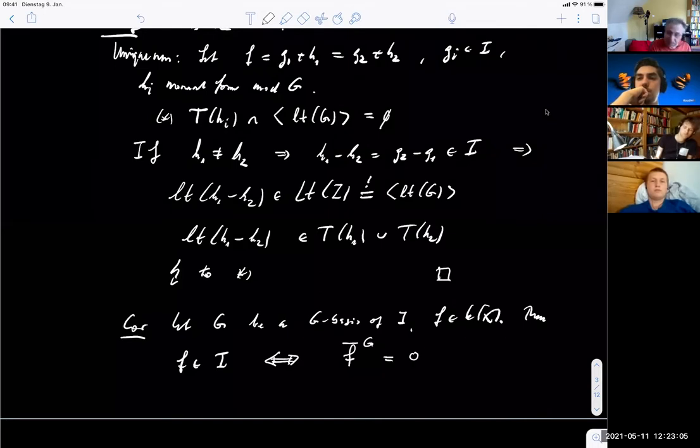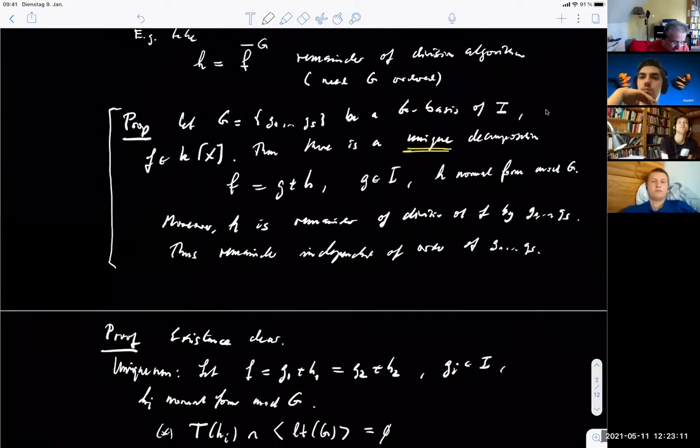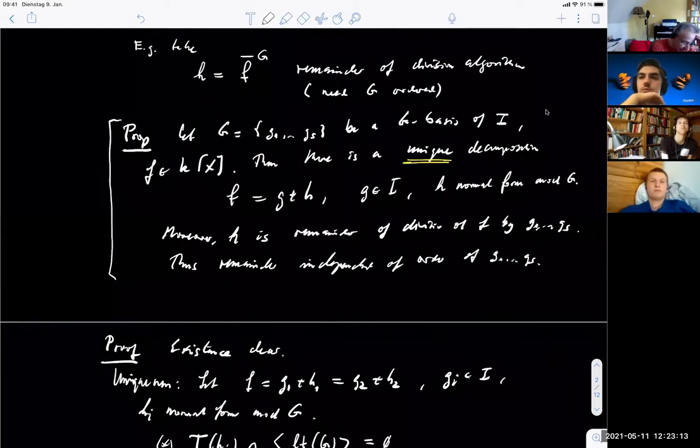Okay, this is because, let's go up and look at the proposition. Those f that are in the ideal have the decomposition f equals f plus 0.